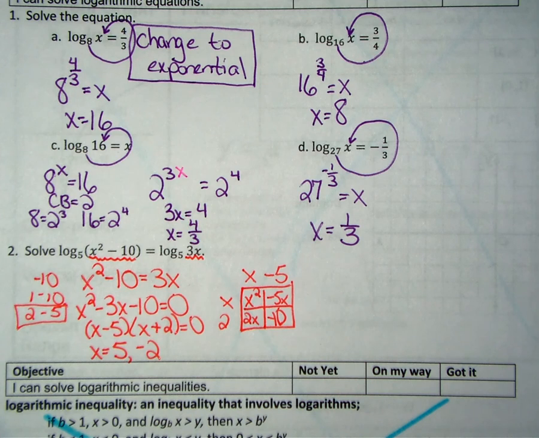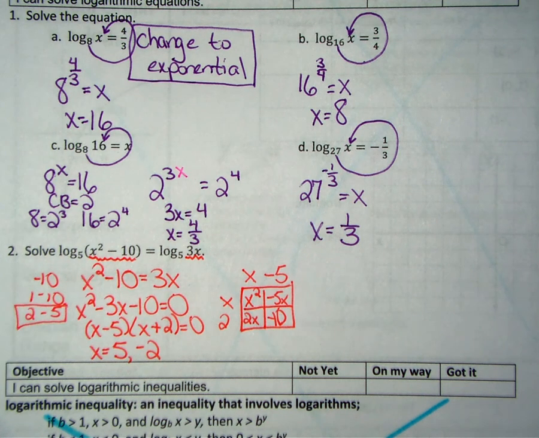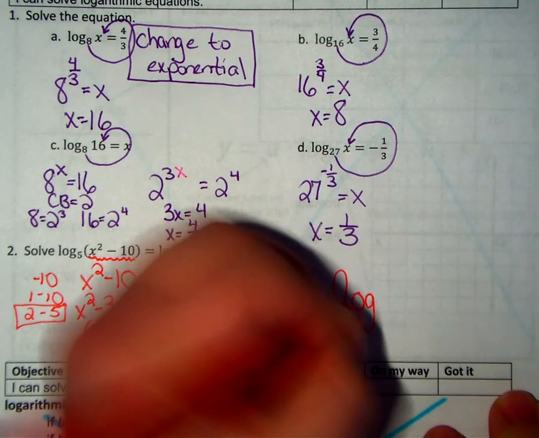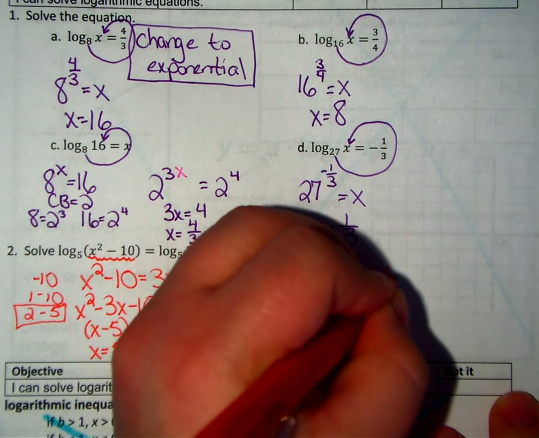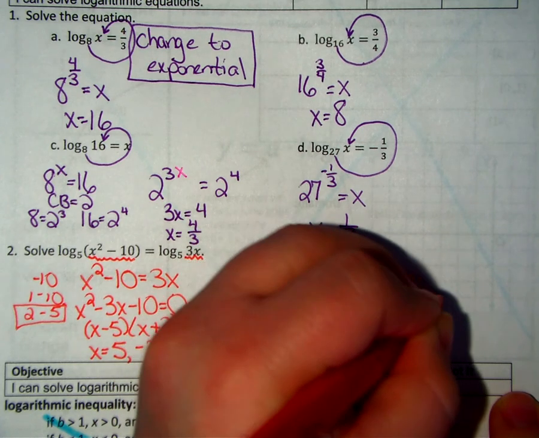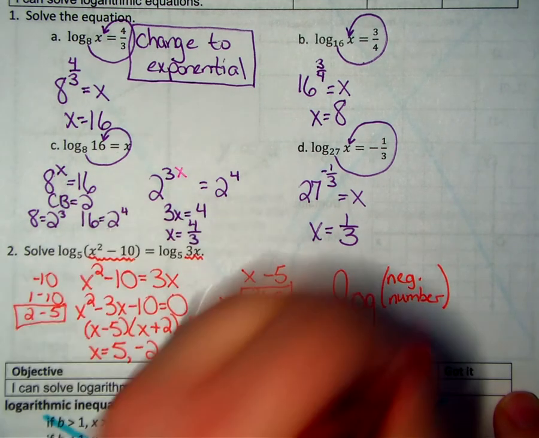Now it's very important that when you're solving a logarithm, you always double check that when I plug it back in, it truly does work, because you cannot have the log of a negative number. That is something that is not allowed. So we always double check.